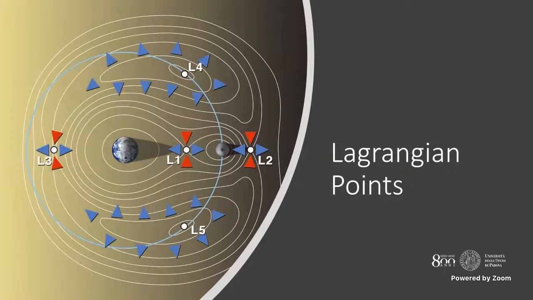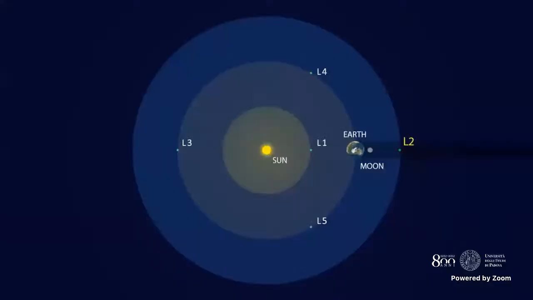Basically, the Lagrangian points are the points where the gravitational forces of Earth and Moon cancel out. So if, for example, I put an object in L4, it's gonna stay there no matter what. It will not be attracted by the Earth or Moon. Of course, I'm talking about only this system, without considering other objects revolving around the Earth and the Moon.